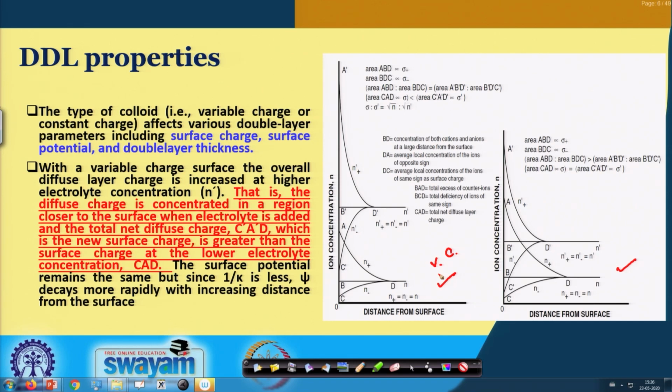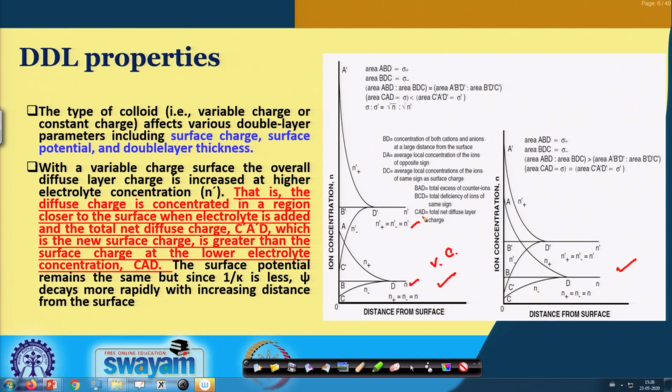So basically when we are increasing the electrolyte concentration, earlier it was N, now we are increasing it to N dash. When we increase the concentration, it compresses the thickness of the diffuse layer.